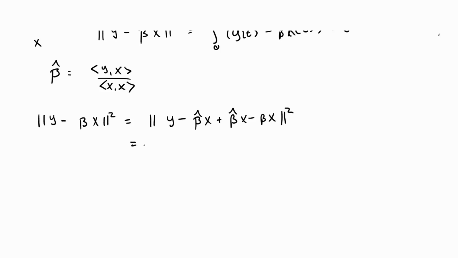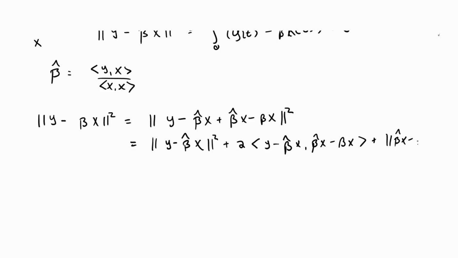So now let's expand our norm out to get the norm of y minus beta hat x, squared, plus 2 times the inner product of y minus beta hat x and beta hat x minus beta x, plus the norm of beta hat x minus beta x, squared.